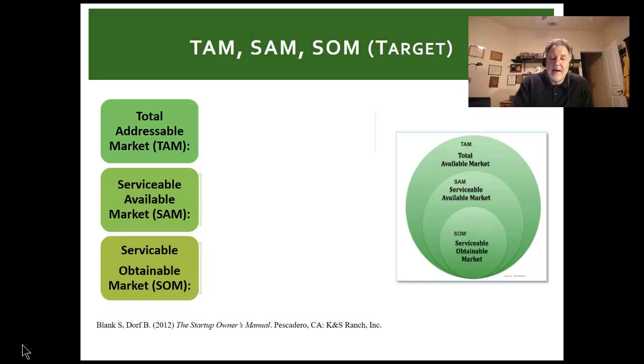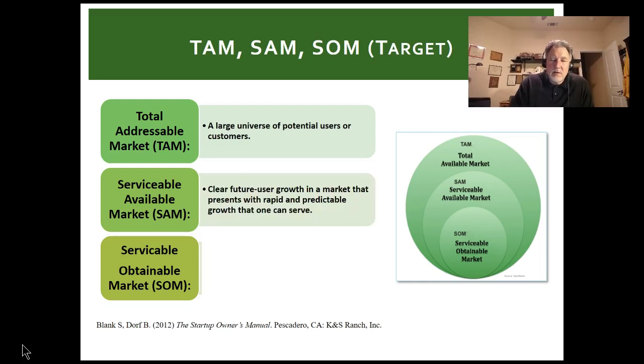And you may have, like in the auto industry, a total addressable market, which is all auto, a large universe of potential users. Then you get the serviceable available market, which may be buyers or customers of cars, and then a serviceable attainable market, which might be, I want electric cars.